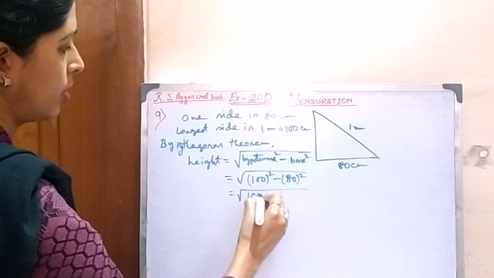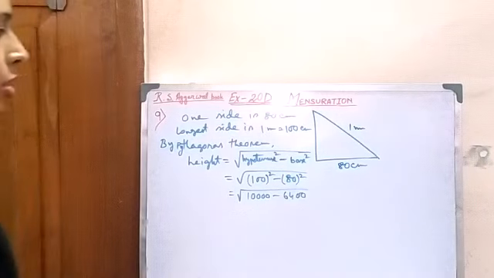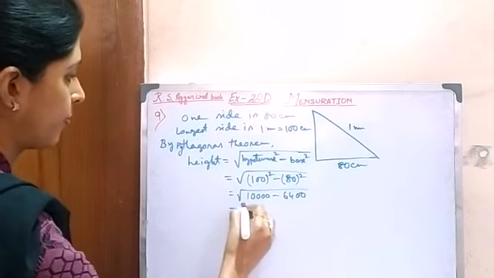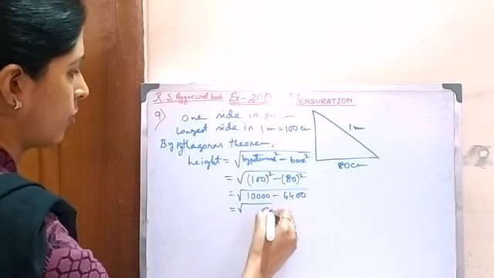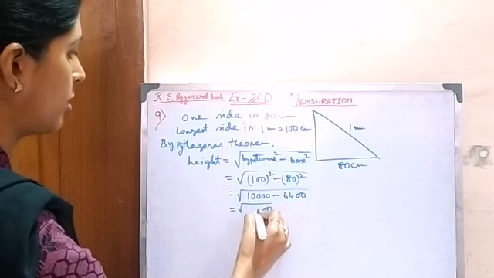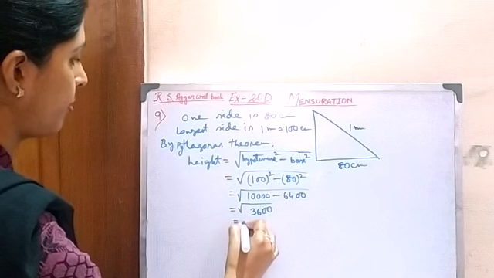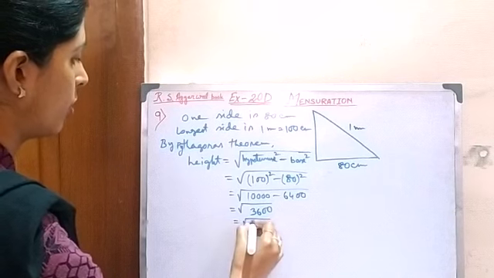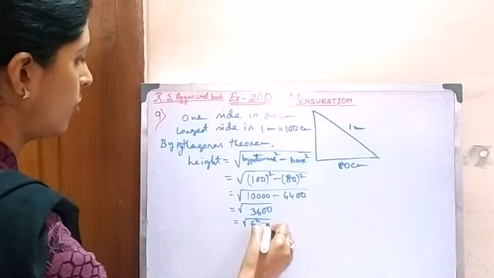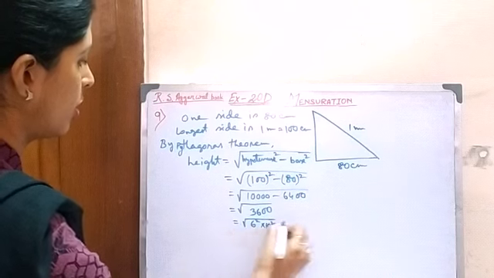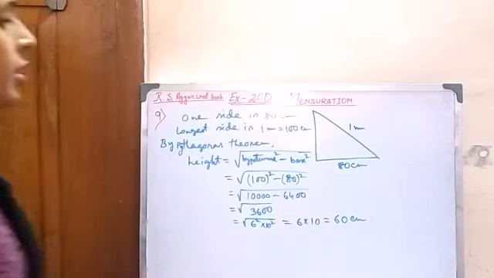So this is minus, this is, 2 zeros will be, and this is 6 and this is 3. So this root over 6 square into 10 square. That means 6 into 10, that means 60 centimeter.